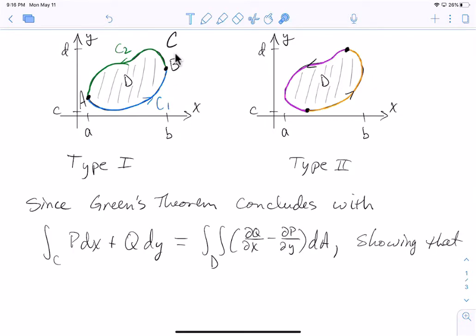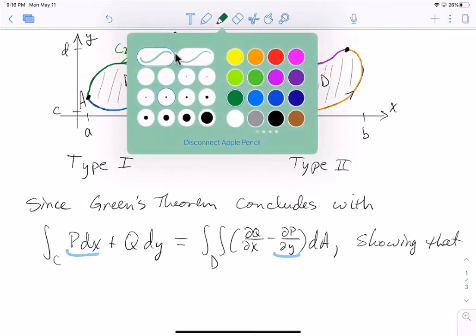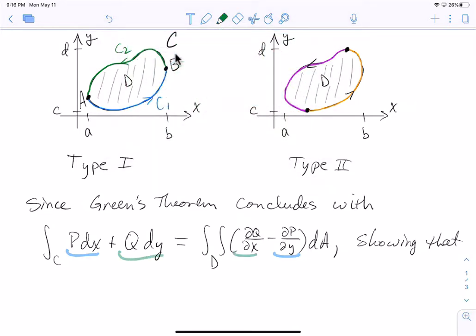The conclusion of Green's theorem is that the line integral over C of P dx plus Q dy is equal to the double integral over D of the partial of Q with respect to x minus the partial of P with respect to y dA. Since that's its conclusion, showing that we have 2 things that are equal will suffice to show that the equation is true.